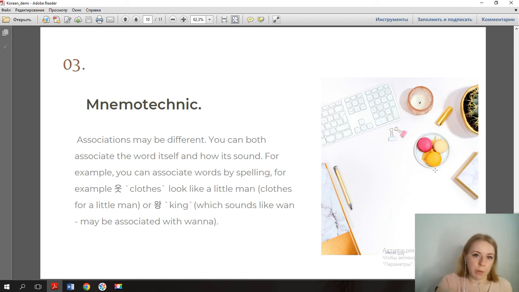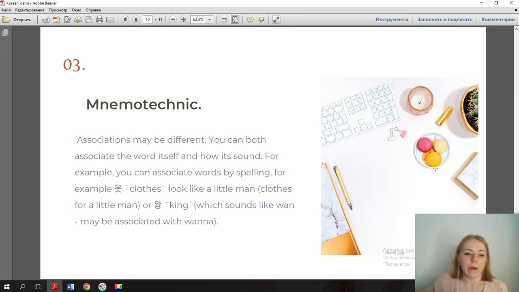In English it's a little difficult for me to think of examples, but if you're a native English speaker, it's easier to understand how it works. I will explain how a picture associates with the word.